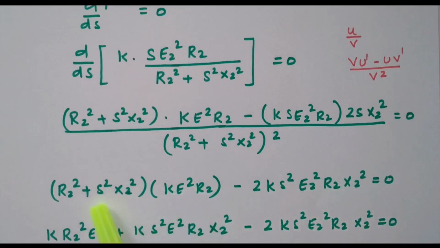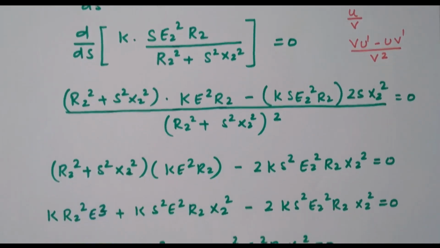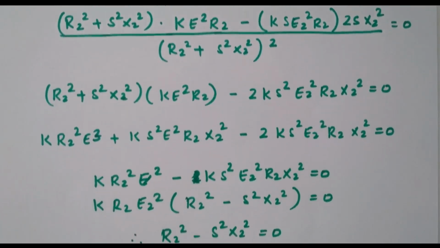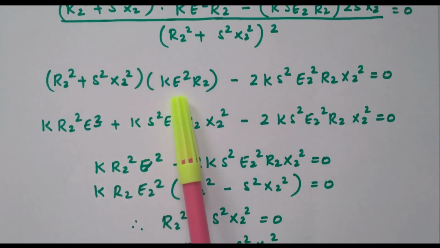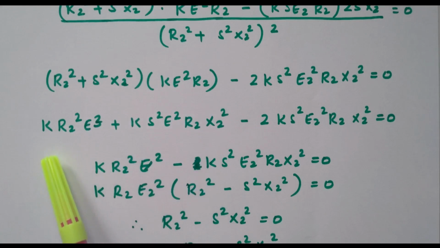Now we will multiply this term. Here two terms are available, so we can go for further simplification. While multiplying here, K R2 square E cube plus, here already one E is there, so it becomes E cube, plus K S square E2 R2 into X2 square, minus this term 2K S square E2 square R2 into X2, right.